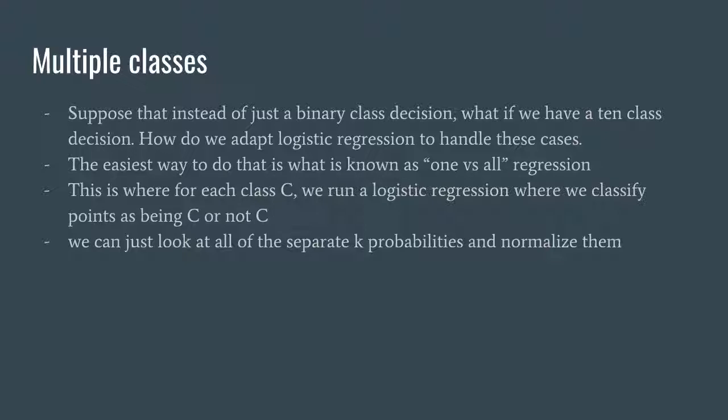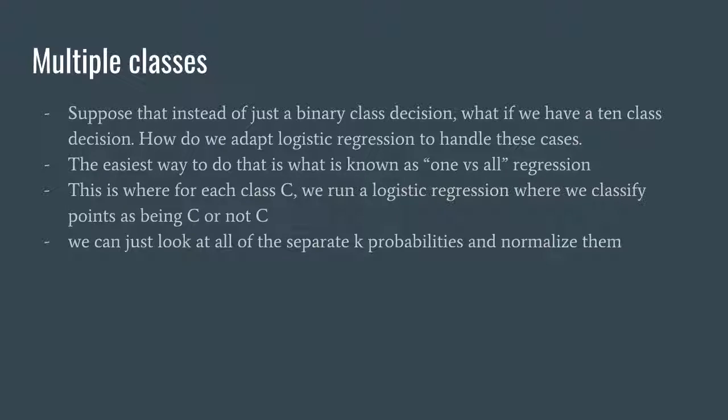Well, the easiest way to handle this would be what's known as a one versus all type regression. Essentially, you say, what's the probability of something being, in the case of our digit example, a 0 or not 0, 1 or not 1.